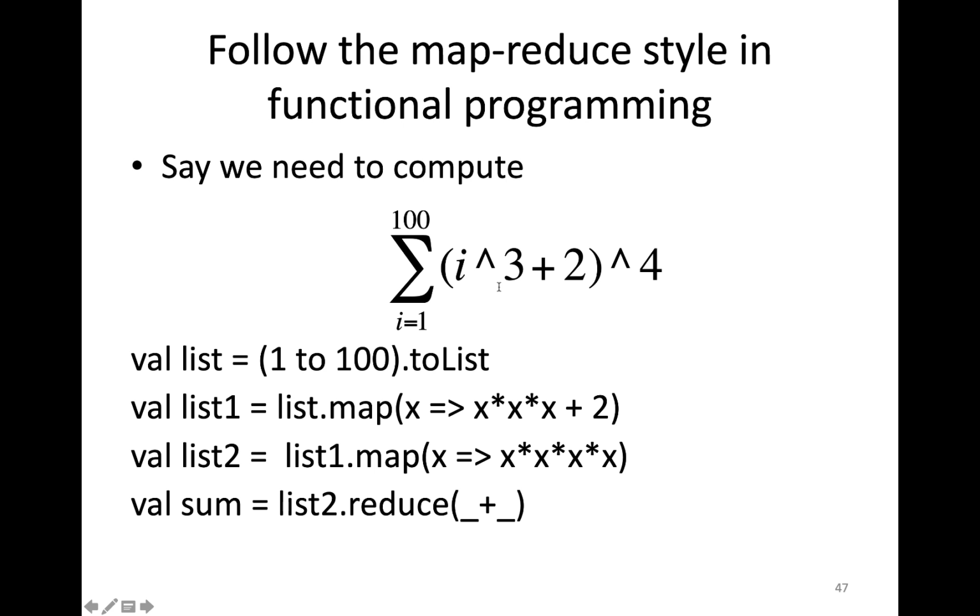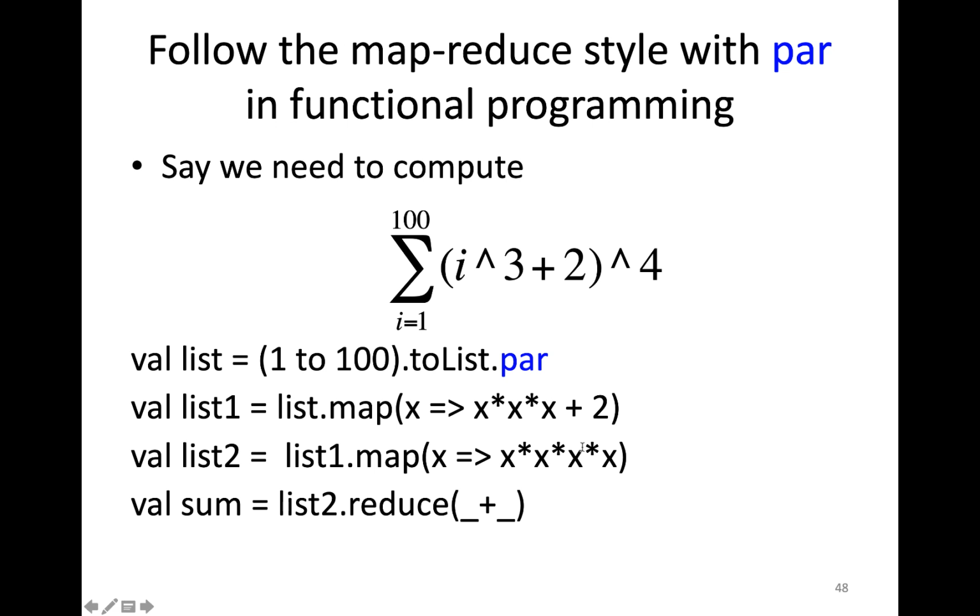So that is done, and then for this summation we use the reduce on list 2. That is the serial way of doing it. Now to save time, we can do it in parallel. First get the parallel collection and then just do the same thing, and that can save a lot of time.